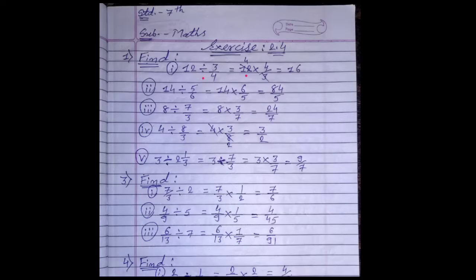In place of divide, the sign will be multiplication, and then the fraction after divide is written as its reciprocal. The reciprocal of 3 upon 4 is 4 upon 3. Now after that, 3 4s are 12, so cut it, and 4 into 4 equals 16.